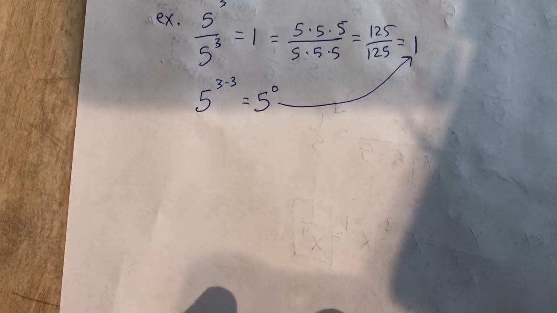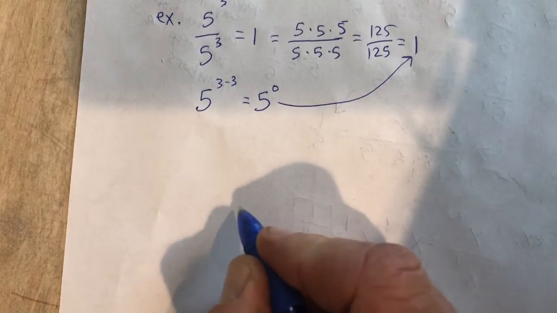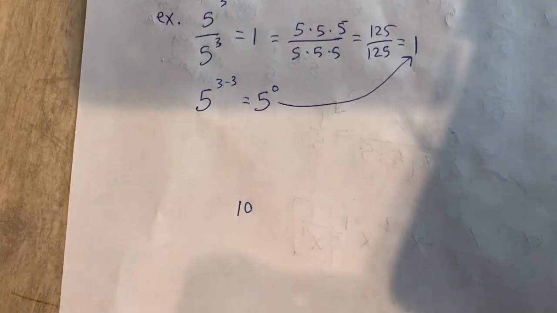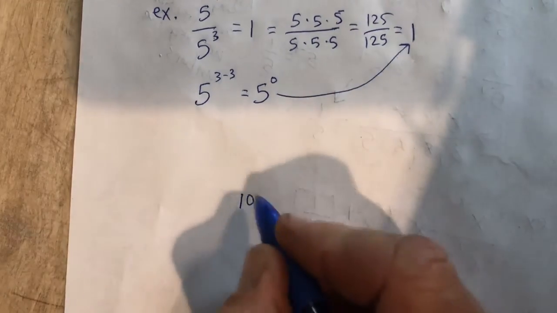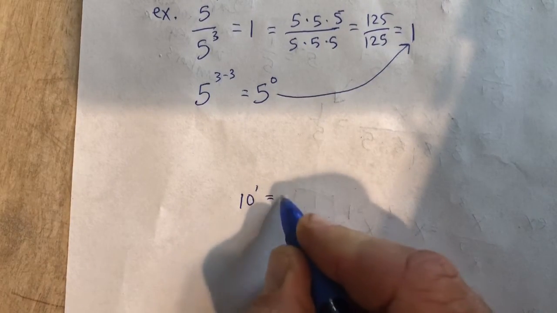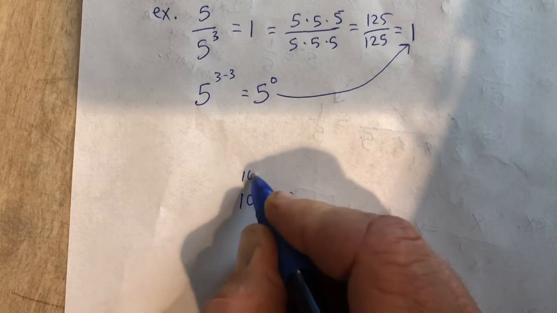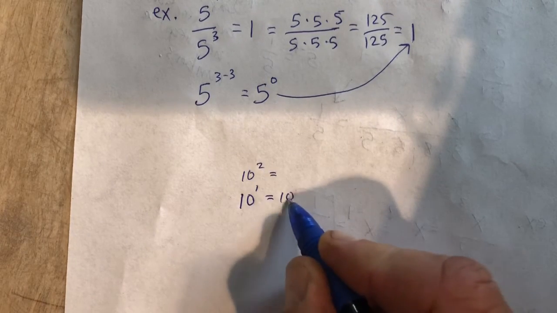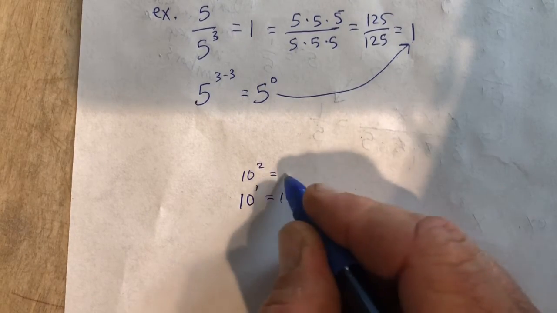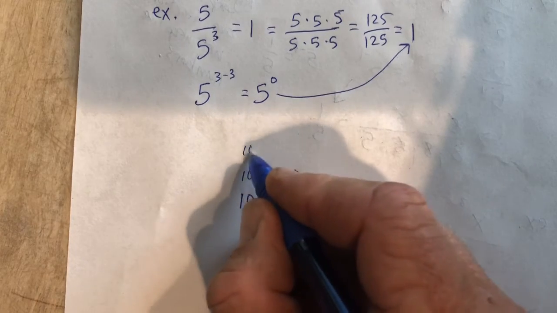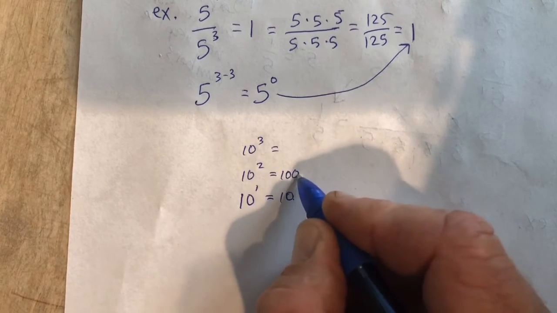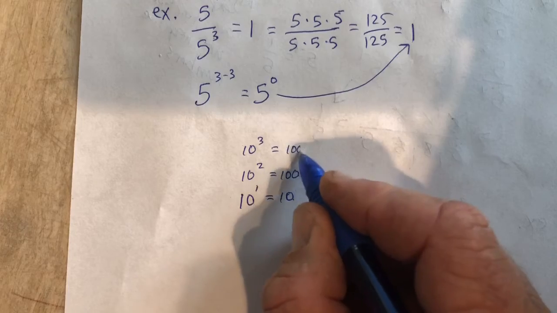Another way to look at this is if you were to take, say, powers of 10, or any powers of any number, really. If we look at powers of 10, which is helpful as we talk about scientific notation, 10 to the 1st power is 10. 10 to the 2nd power is this number times 10, so 100. 10 to the 3rd power is 100 times 10, or 1,000.